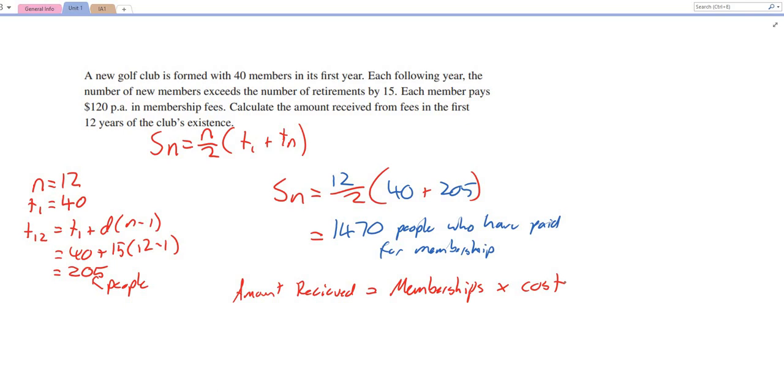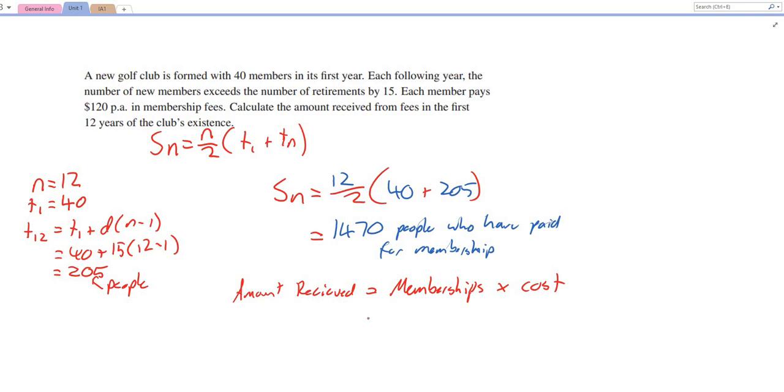So if you add up all the people in the first year who had to pay a yearly membership, all the people in the second year, third year, fourth year, all the way through the 12th year, in total across those 12 years, 1,470 people have bought a membership across the first 12 years. So our rule to find the sum, to add up all the people from those years, we need T1 and Tn. We only had T1, but we found Tn just by using our sequence rule.